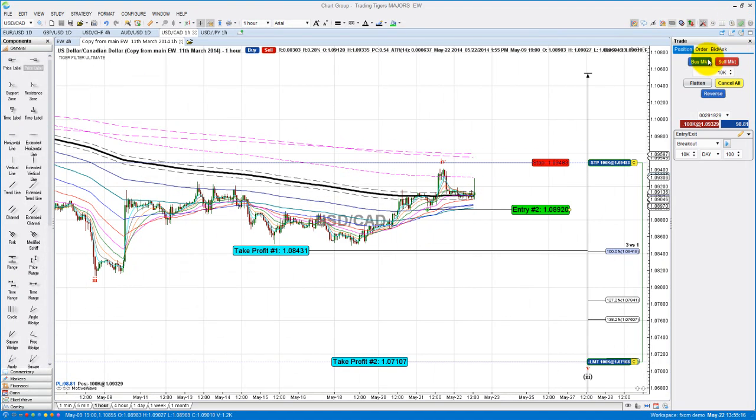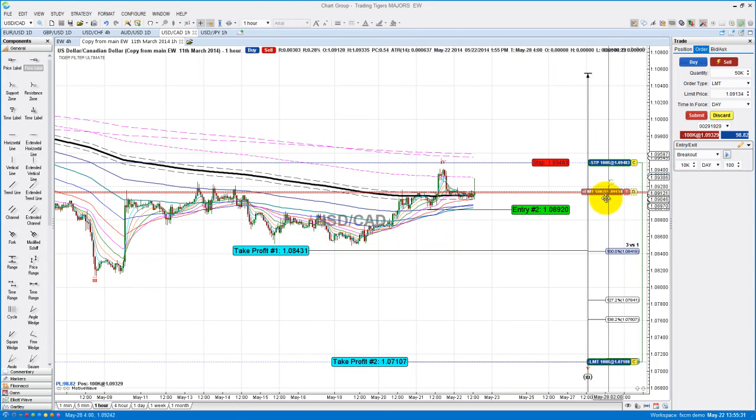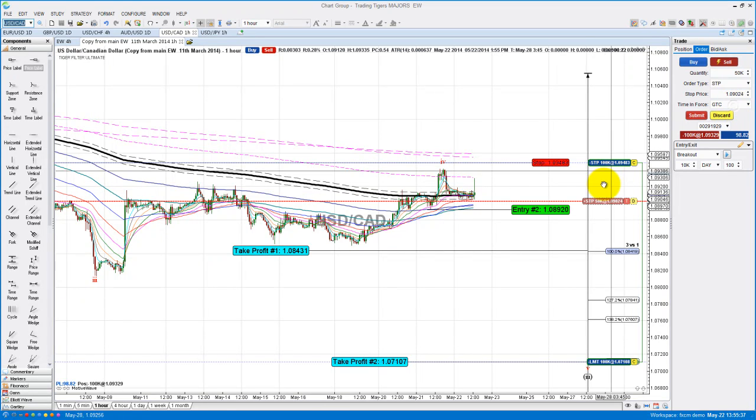And what we can do, we can put another order in to go south here, and what we'll do, we'll put that order, we'll sell, put a 50k, put it on GTC. GTC means good to cancelled, and that's a stop level.